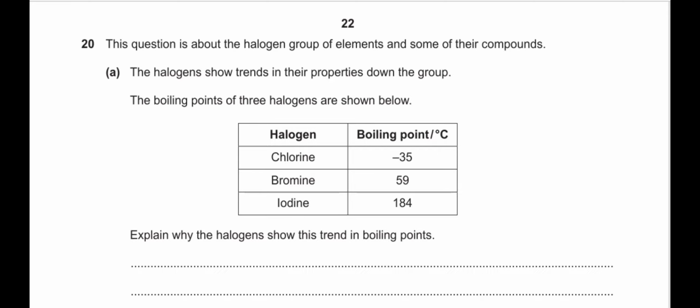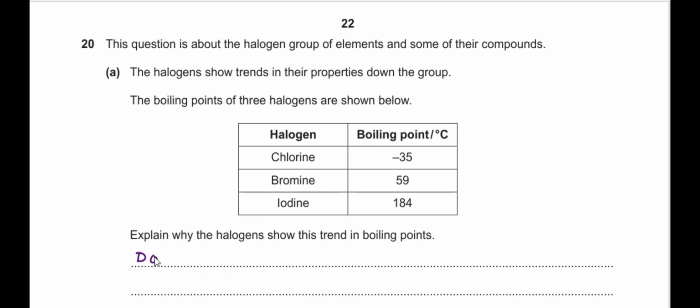Chlorine, bromine, iodine are elements going down the halogen group. When you go down the group, the number of shells increases, and therefore the number of electrons increases, and therefore the size of the atom increases, and therefore there will be increased intermolecular forces.